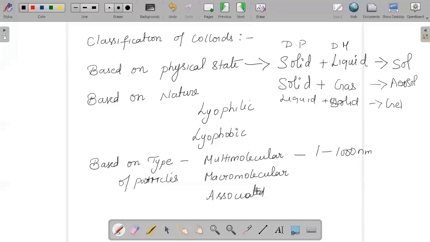The next one is called associated colloids. Some substances at high concentration start behaving as colloids because of the formation of aggregates. But when the concentration becomes low, they behave like normal strong electrolytes. Such colloids are called associated colloids.